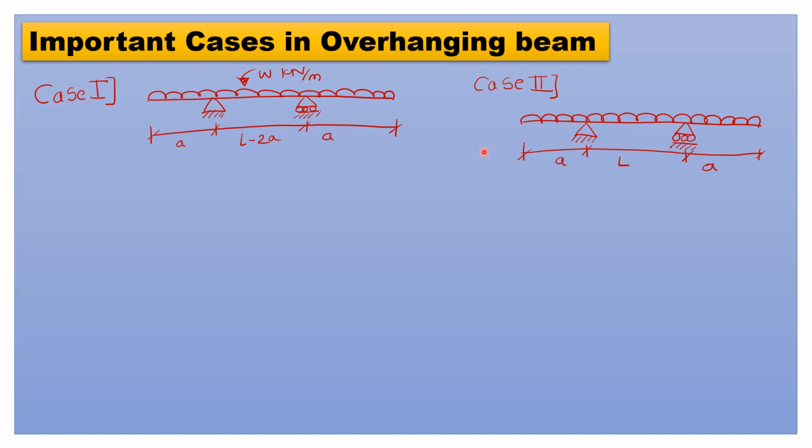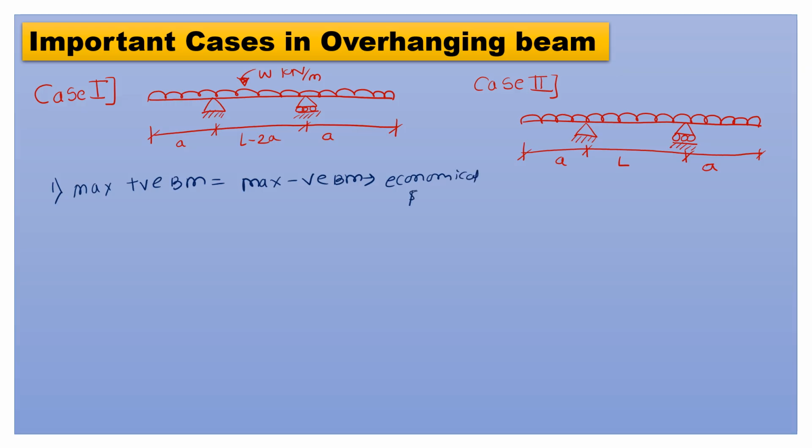So here we see what the value of A is for different length conditions. In the first case, the maximum positive bending moment is equal to the maximum negative bending moment. This condition is nothing but an economical beam.